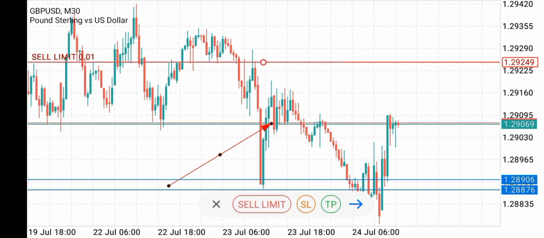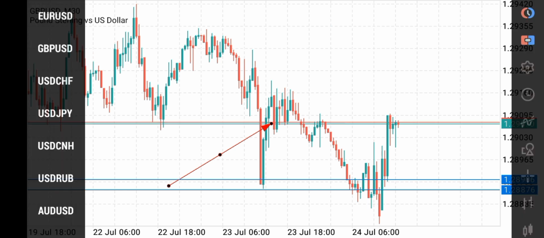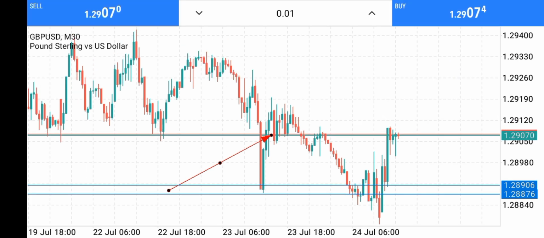Lot size simply means the amount of money you use to open a trade. For example, you want to buy GBP USD right now because the pair we are currently looking at is GBP USD. So for example, you want to place a buy on GBP USD.